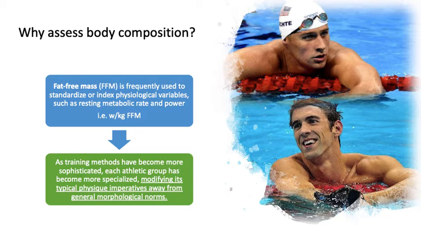So now we're isolating how much muscle mass the individual has, and we make nutritional interventions based on their lean body mass. As training methods have become more sophisticated, each athletic group has become more specialized. So now we're modifying typical physique imperatives away from general morphological norms.